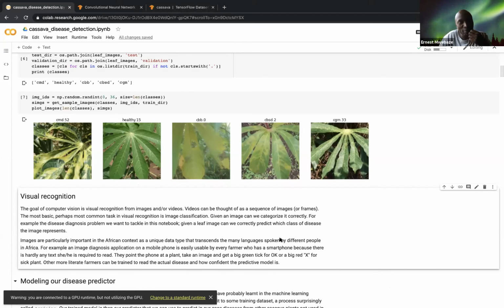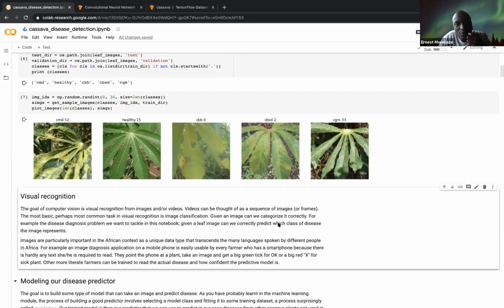Yes, we hear you. One of the features I can see is the edges of those leaves, they vary. So which edges are different, for example? I see the healthy and the CBSD, for example, the edges seem to be the same.